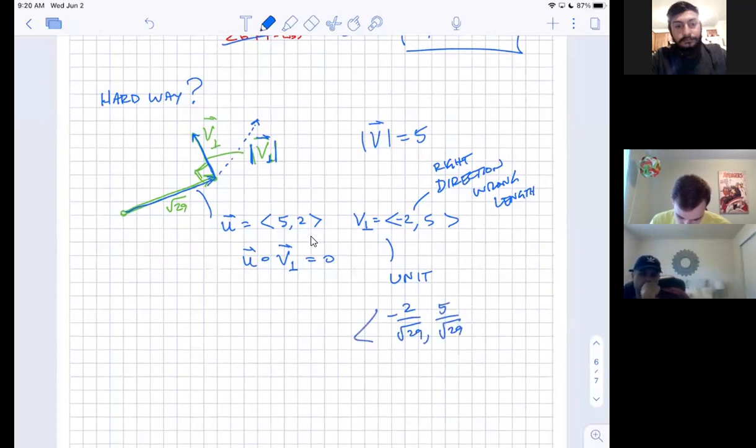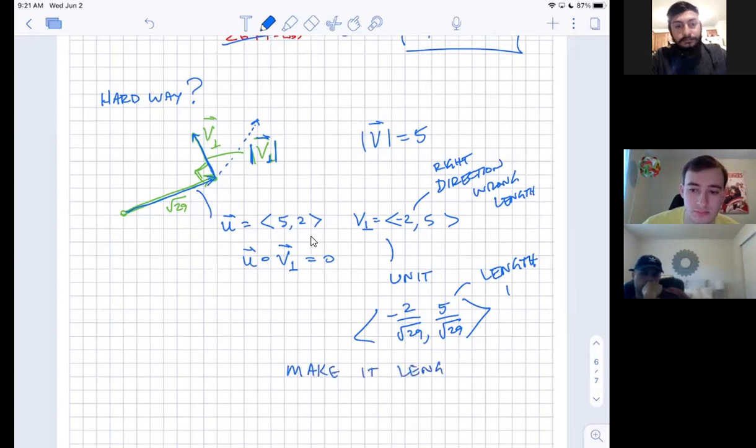Do you agree with that? So this is now length 1. Well, what do we have to do to make it length 5? You tell me.